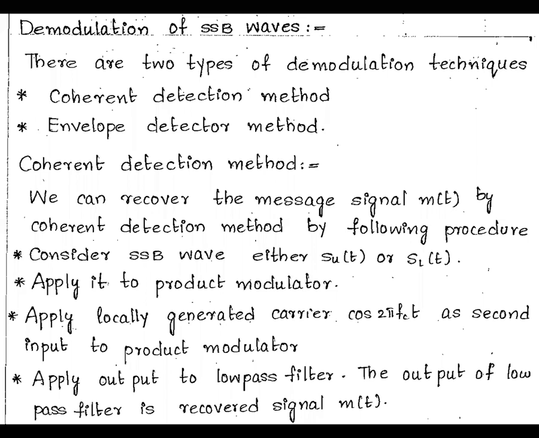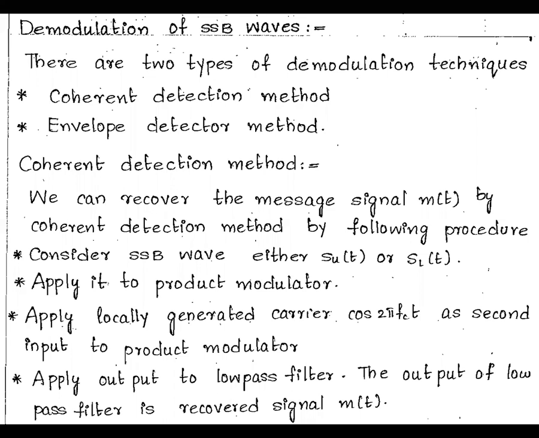Coherence means modulation at the transmitter is done by one carrier, cos omega c t, and the demodulation at the receiver also uses the carrier cos omega c t. These two signals are the same, so there is coherence. If there is any phase difference or any frequency difference, that is not coherence. So did you understand the coherence process?